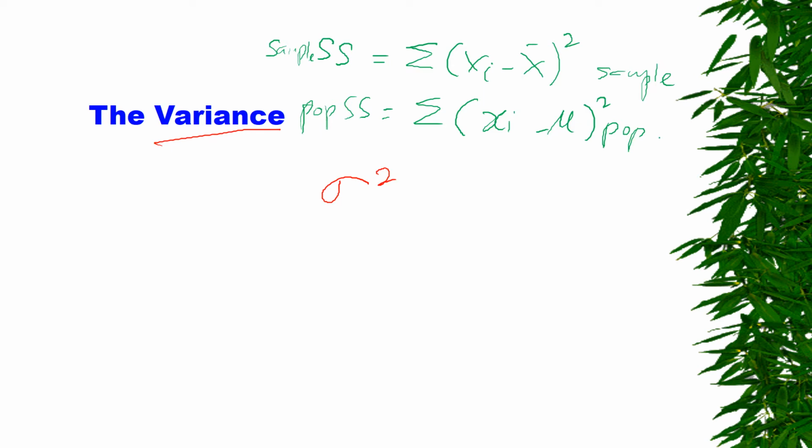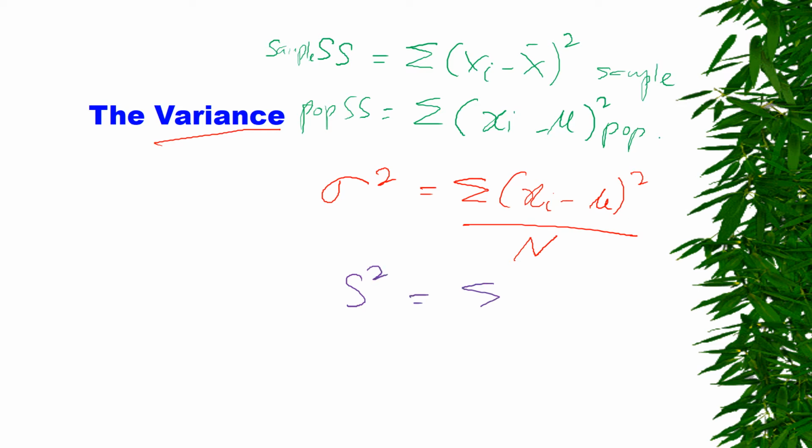So sigma squared is equal to the summation of (xi minus mu, the mean of the population) squared, divided by capital N. So the best estimate of the population variance is the sample variance, called S squared, which is equal to the summation of (xi minus x bar) squared.